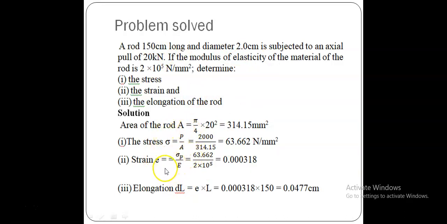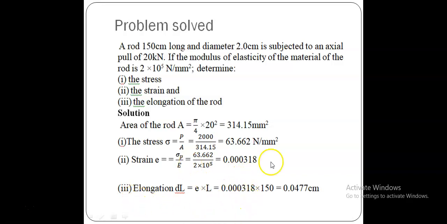If we know the Young's modulus equals stress by strain, from which strain is equal to stress divided by Young's modulus. We have already calculated stress, and the Young's modulus of the material is given, that is modulus of elasticity of the material 2 into 10 power 5, and therefore strain is equal to this stress divided by Young's modulus, which is 0.000318, that is the strain value.